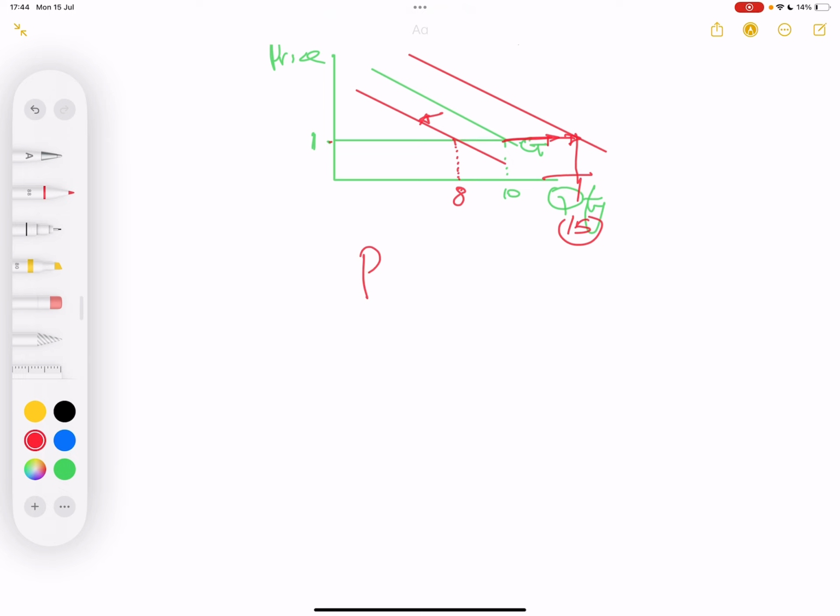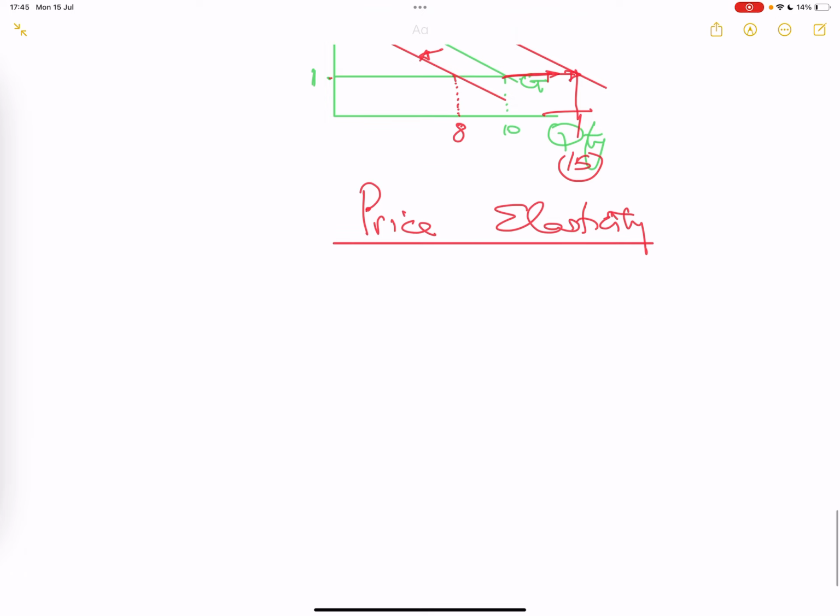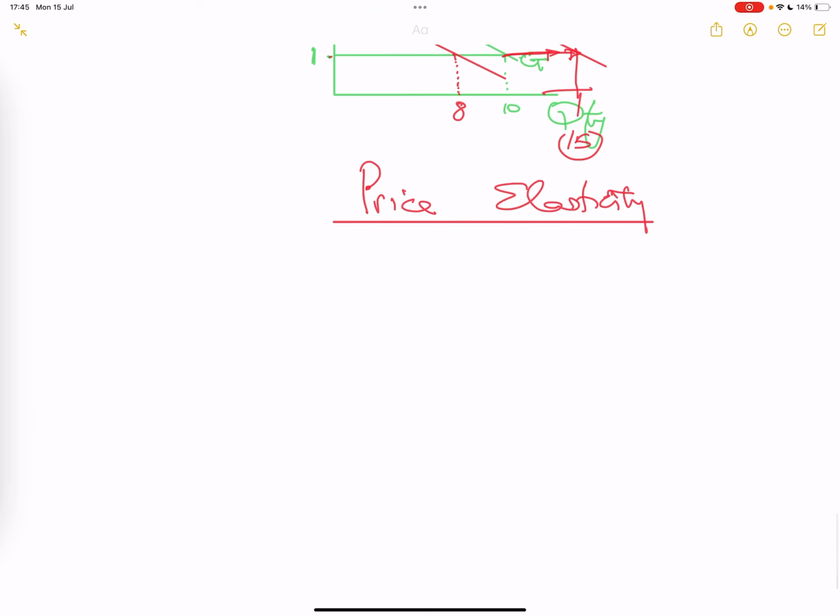Now let me talk about elasticity quickly. Price elasticity. A very interesting concept, which is very easy. Just need to understand what this is talking about.